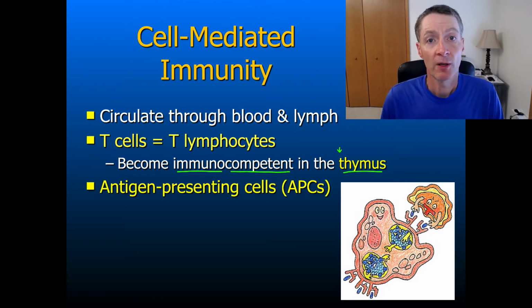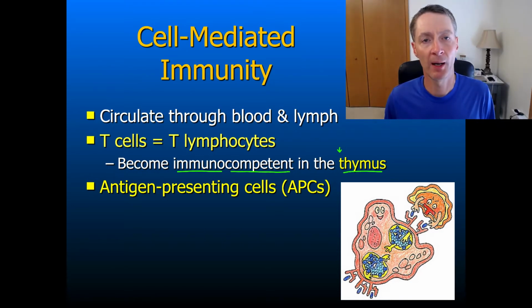These cells, in comparison to B cells, need an antigen-presenting cell to actually be activated. Okay? B cells can run into antigens in the fluids, right, and start churning out antibodies, but T cells need to be presented with antigens by other cells of our body.